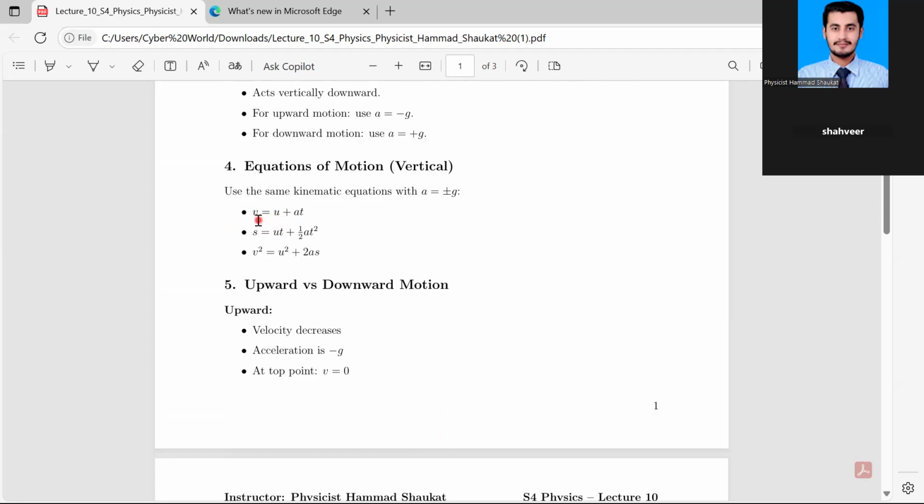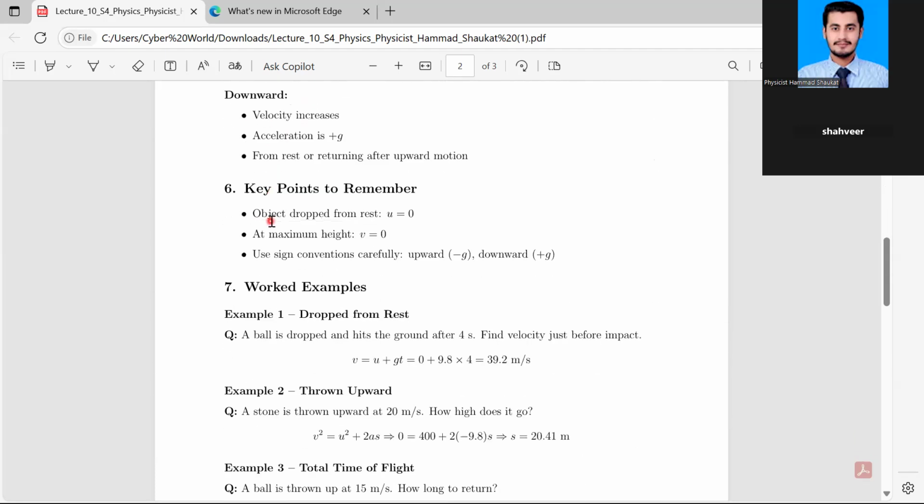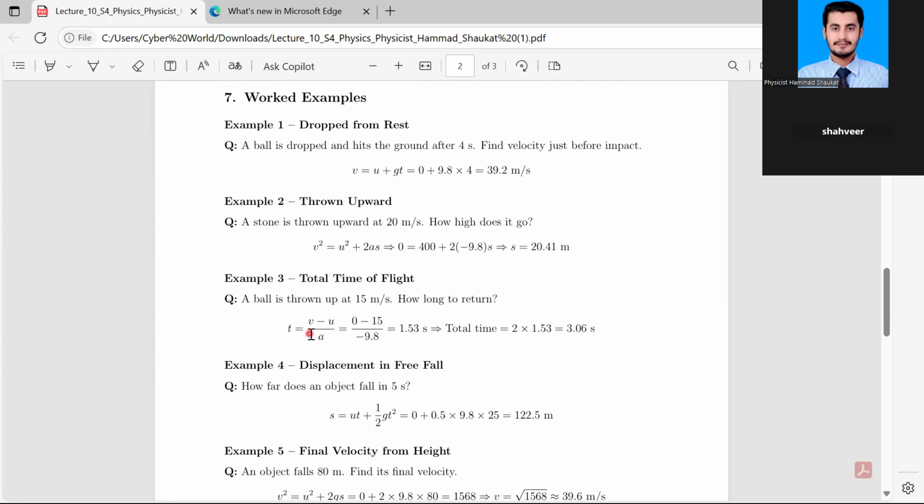So it becomes v minus u equals at, but we only need time. The a is extra, so we have to divide by a on the other side. So t becomes equal to v minus u divided by a. What we write here you can see: v minus u divided by a. Is it understood? Is it okay?